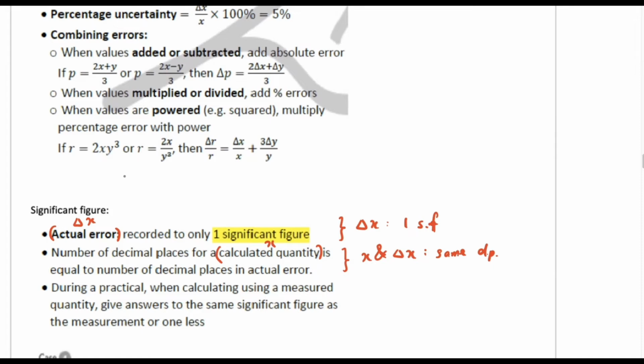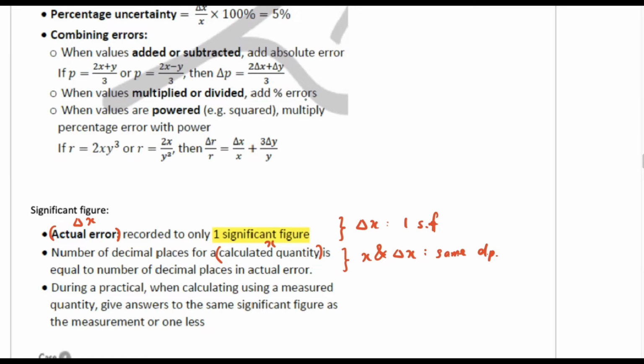Okay, so let's say you can see here, if R equals 2x y cubed, or R equals 2x over y cubed. So the x and y are either multiplying or dividing. No matter multiplying or dividing, we just add the percentage error.